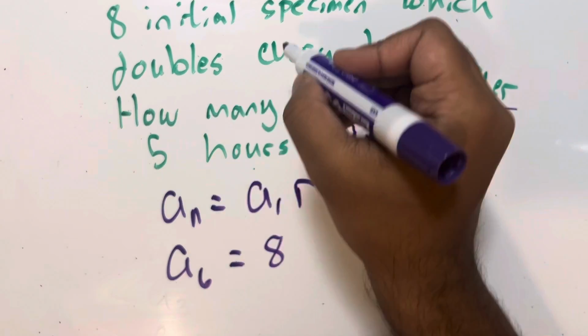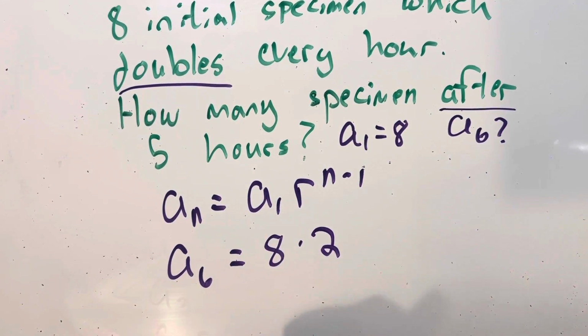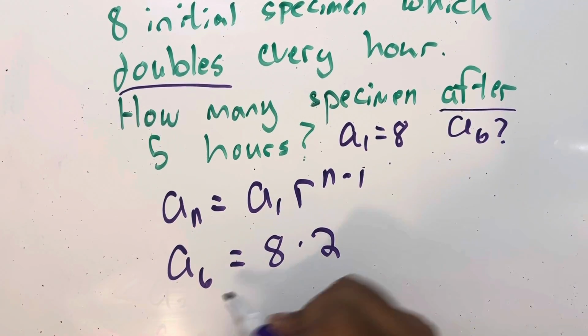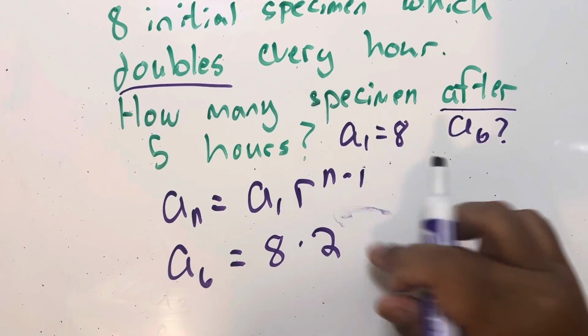My ratio here, remember it doubles, so it's 2, to the n minus 1. I'm looking for 6, 6 minus 1, which is 5.